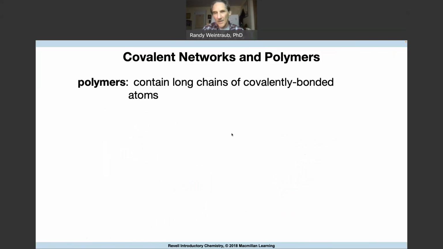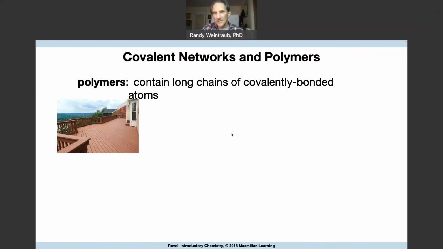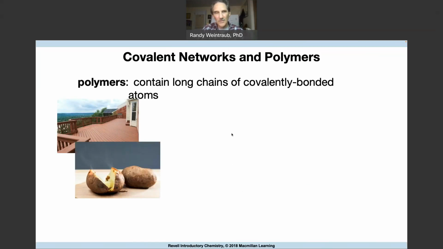Polymers are compounds that contain long chains of covalently bonded atoms. Naturally occurring polymers include cellulose, the substance that makes up wood; proteins; and starches, a major component and staple in foods such as rice and potatoes.